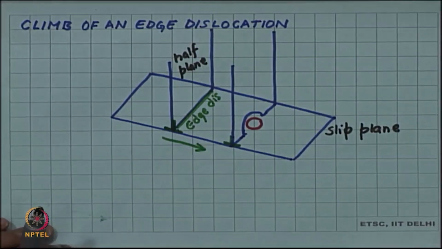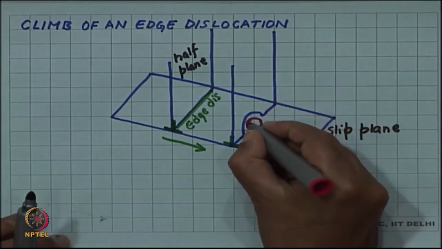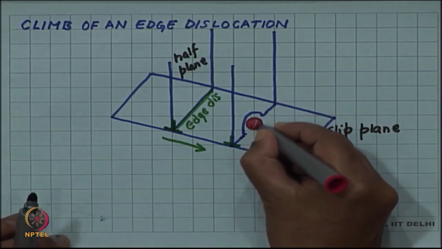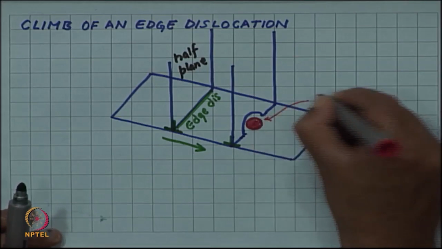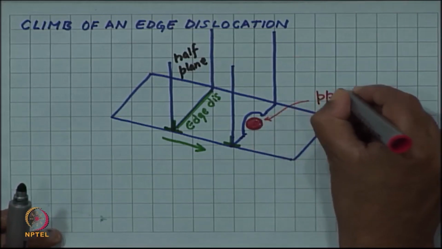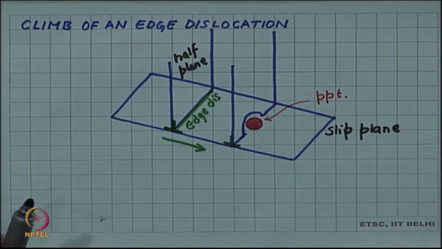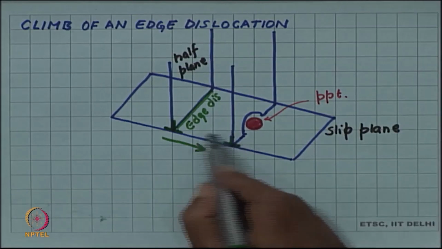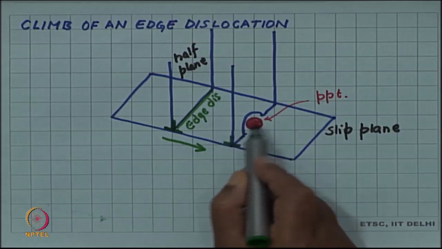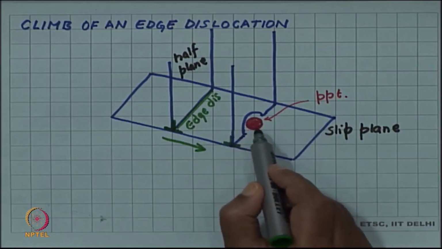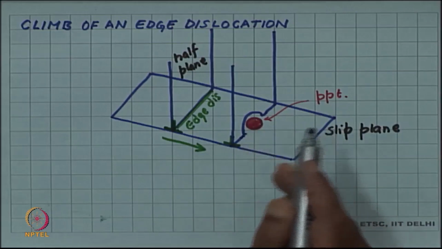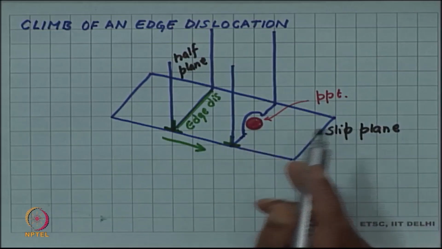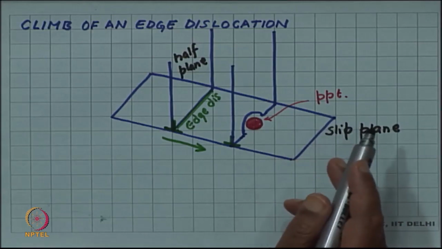And again there is a precipitate particle sitting on the slip plane. Then in the normal situation, the dislocation will be stuck by this precipitate particle and can continue to move only at a higher stress. We had considered that in precipitation hardening.